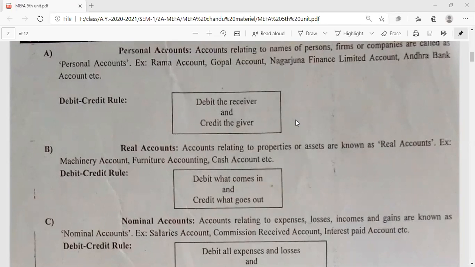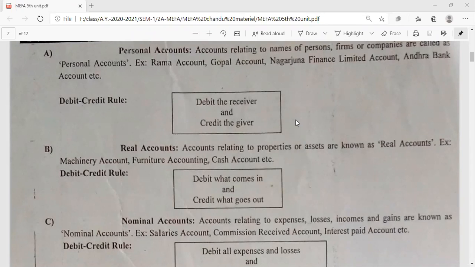Accounts relating to properties or assets are known as the real accounts. Example, machinery account, furniture account, and cash flow account. This is also a real account.